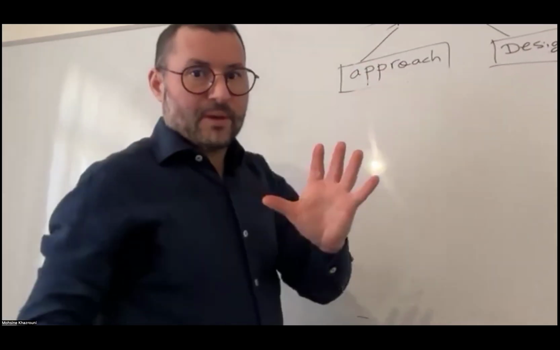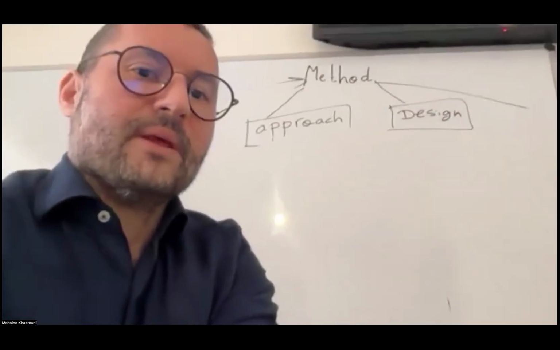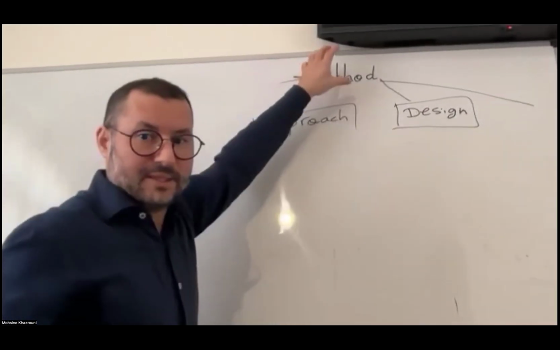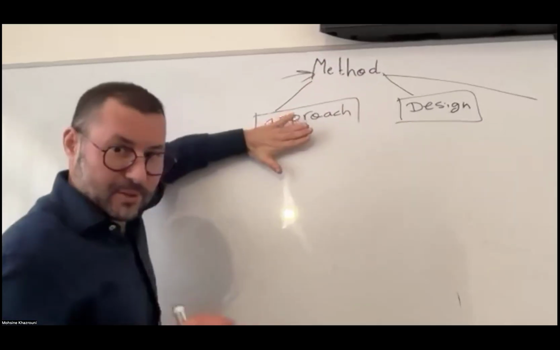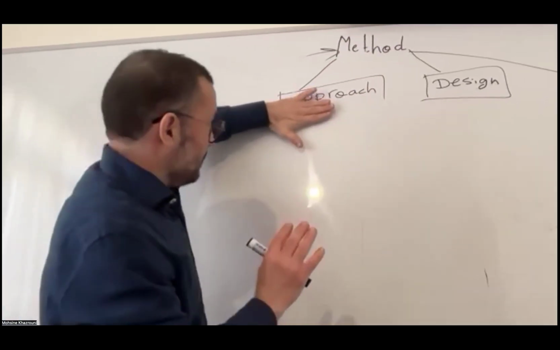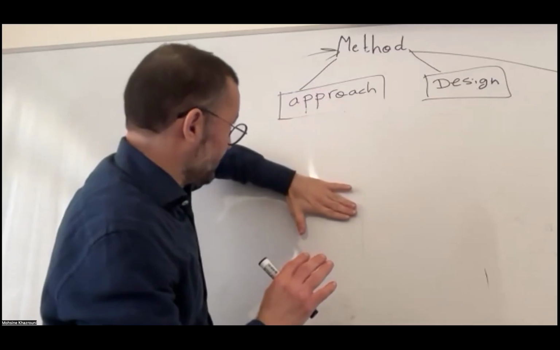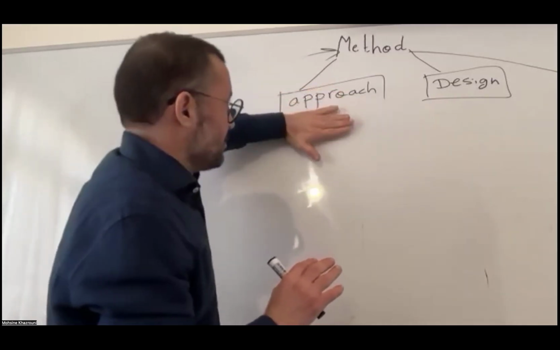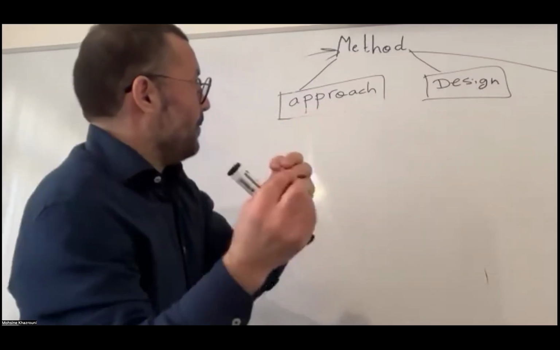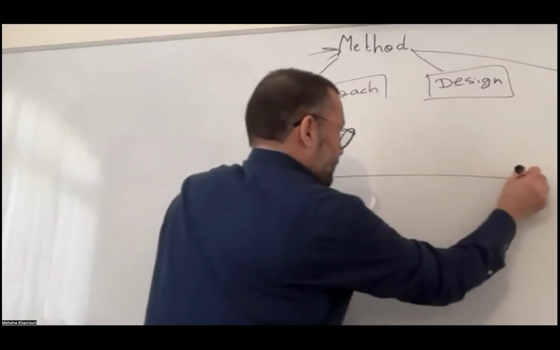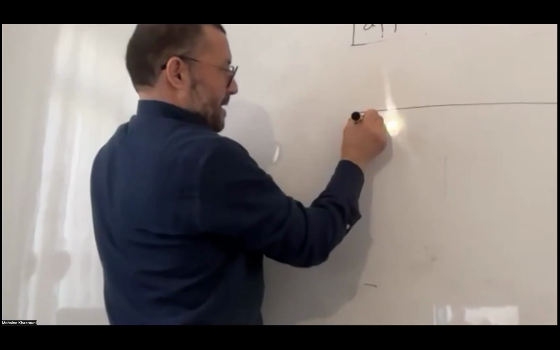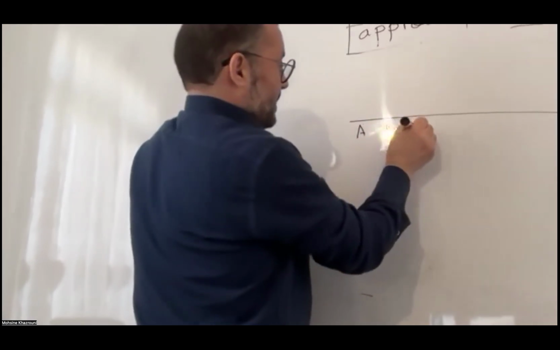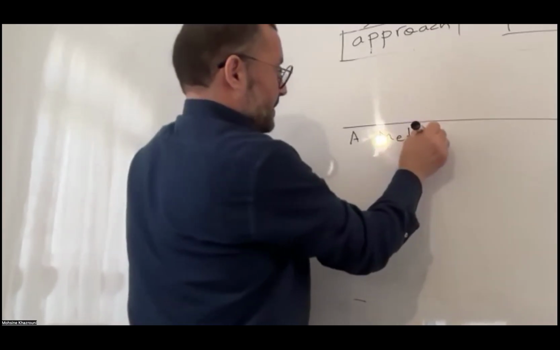So far, we have explained that a method is based on an approach, right? We have talked about different approaches, like structural, functional, interactional. Now, can you see the board?